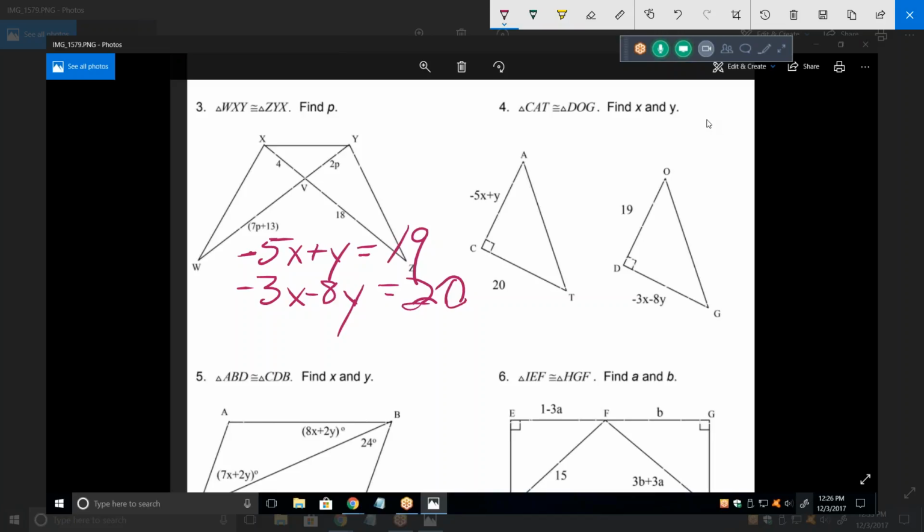Whenever you have two equations that are both in standard format, elimination is always easier. So let's use elimination. We could use substitution, but we would have to do a lot of math before we would even get to the problem.